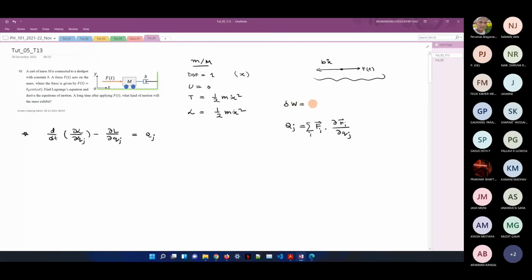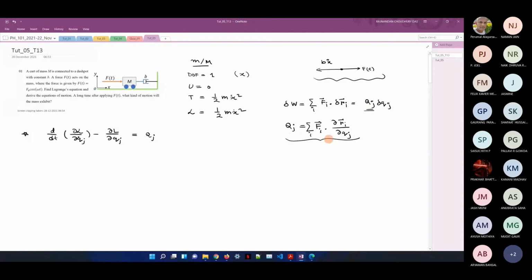Virtual work done is defined as sum over all particles F i dot del r i, virtual displacement. You have to remember all these things. This can be simplified to generalized coordinates and generalized forces like this, Q j del q j. So if you now compare this part and this part, you can find Q j will be equal to this.